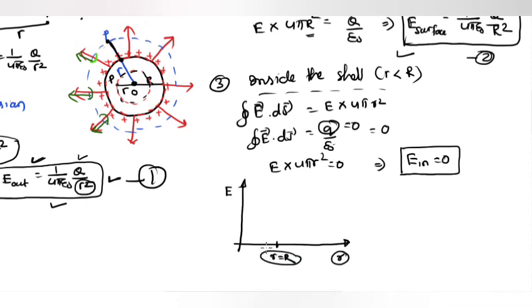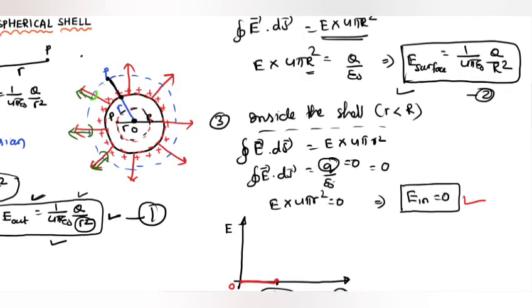So students, you know that inside the cell electric field is 0. So from the center up to the surface, there is no electric field. So the graph will coincide with the x-axis. But when you reach the surface, then the electric field is how much?